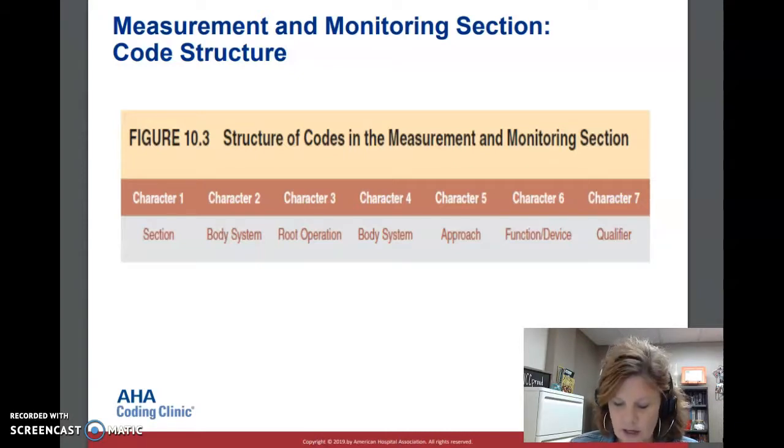All right. Let's just say you look for infusion of chemotherapy, central vein insertion. They have an example in your book. The body system's E. Okay, so our first character is 3 for administration. Character 2 body system is going to be the physiological systems and anatomical regions. Introduction is going to be the root operation.